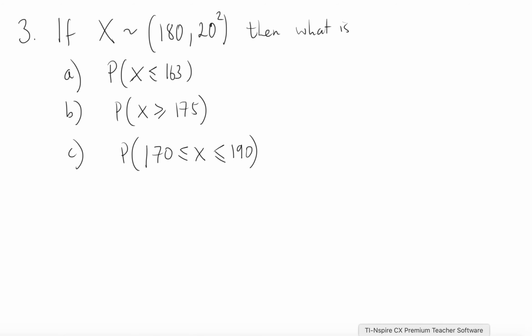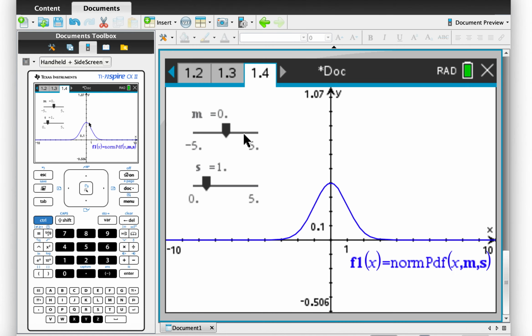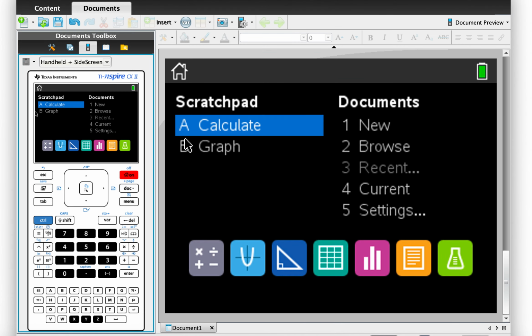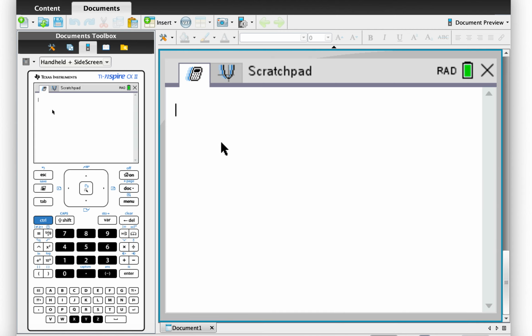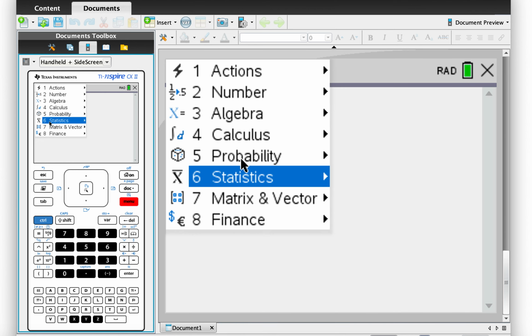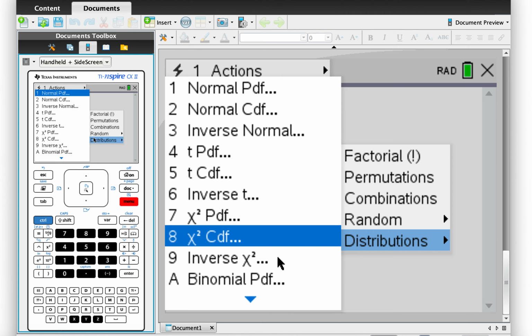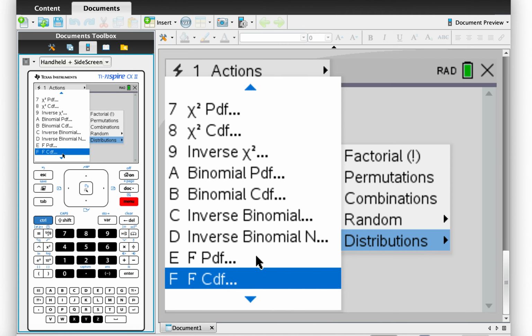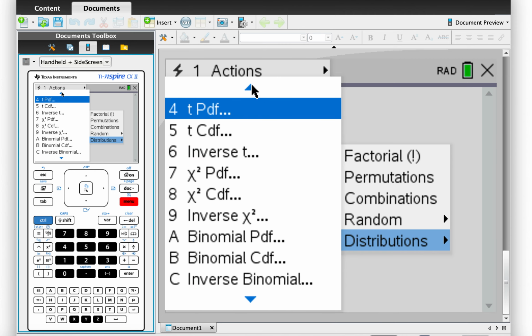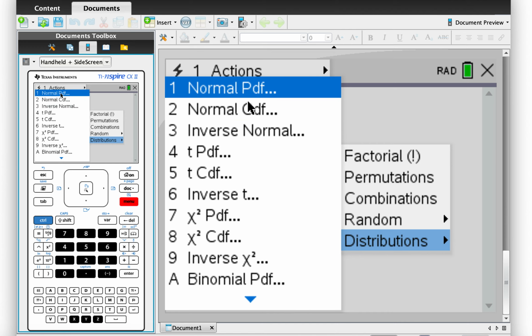So you take out your calculator, you go to a new calculator window, you click on Menu, Probability, Distributions, and you'll only be using the normal CDF.